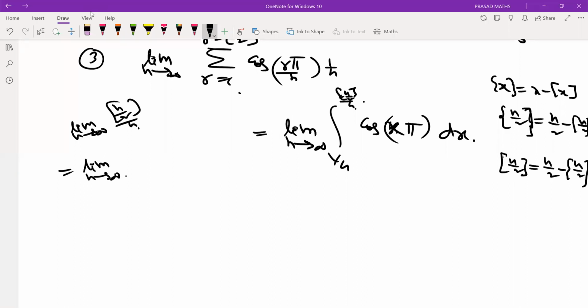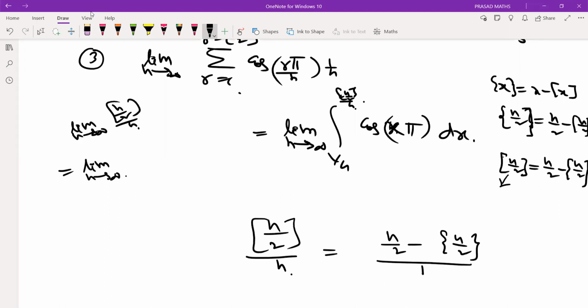So fractional part of n by 2, ఎప్పుడు మ్యాక్స్? నాకు కావాల్సింది ఏంటి? మ్యాక్సిమం లిమిట్ రావాలి. మనకు కావాల్సింది, దీనికి అప్పర్ బౌండ్, దీనికి లోవర్ బౌండ్ ఫైండ్ అవుట్ చేయాలి. This is step of n by 2 by n. So what is this upper bound? This is exactly n by 2 minus fractional part of n by 2, by n.